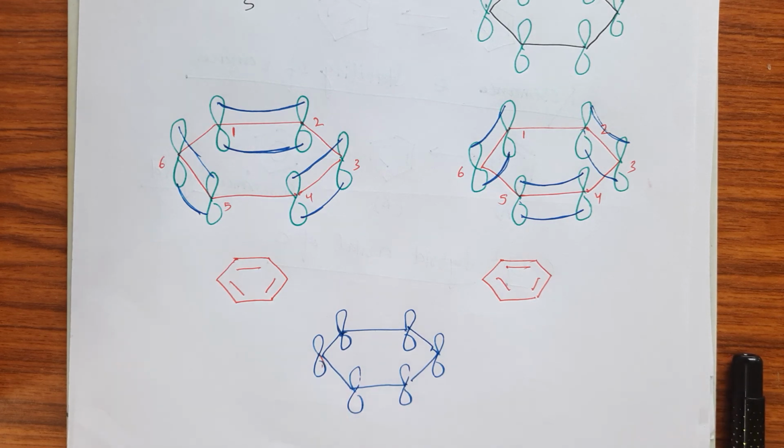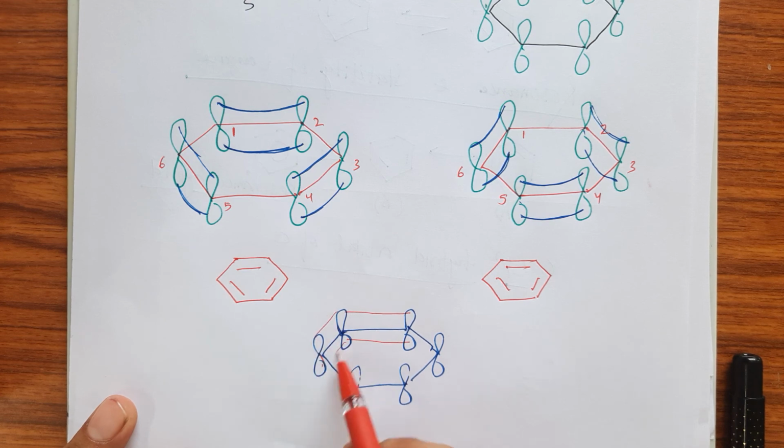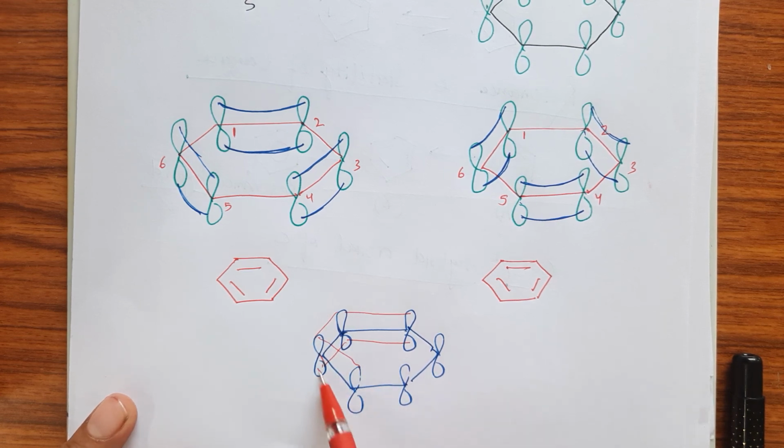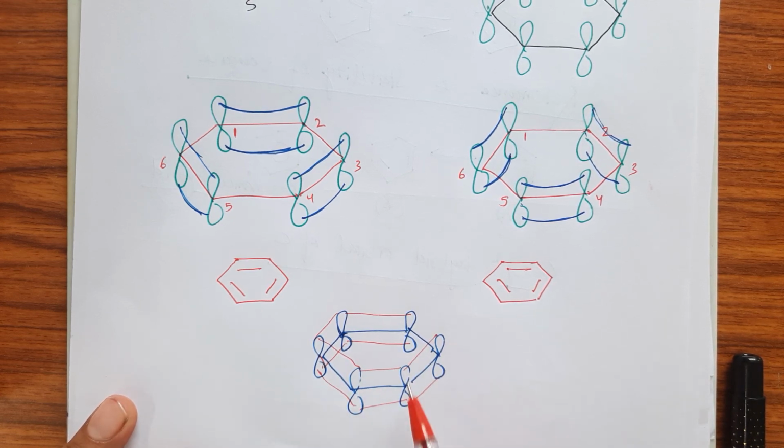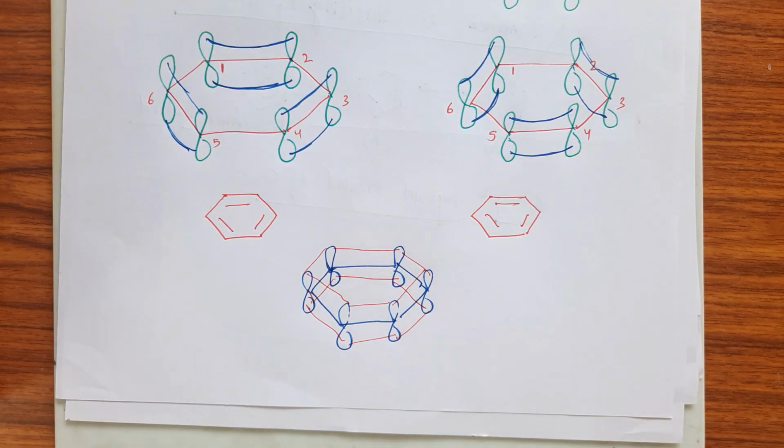The overlapping can be represented in the form of 2 rings, right? 2 rings of electron clouds. That means the possibility is here, here, here, here, here, here. That means the overlapping is across the complete ring.